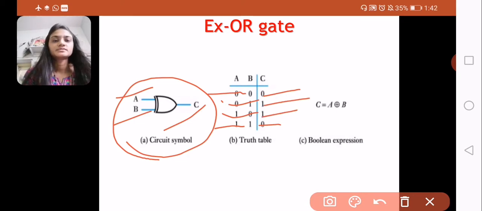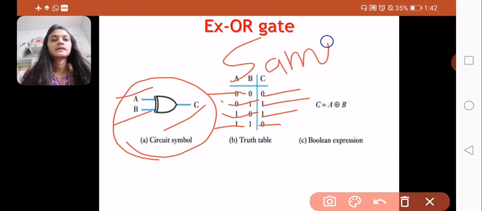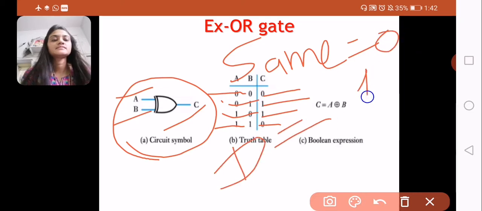So remember, if same bits, then the answer is 0. If different bits, then the answer is 1. So this is for the XOR gate. When we derive the XNOR, this will be opposite, that we will see in the next slide.